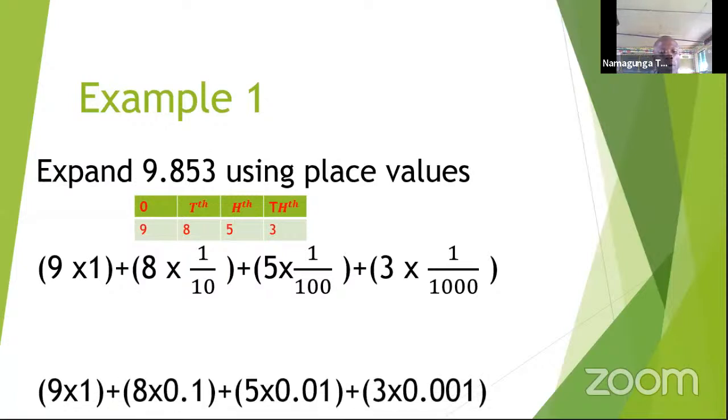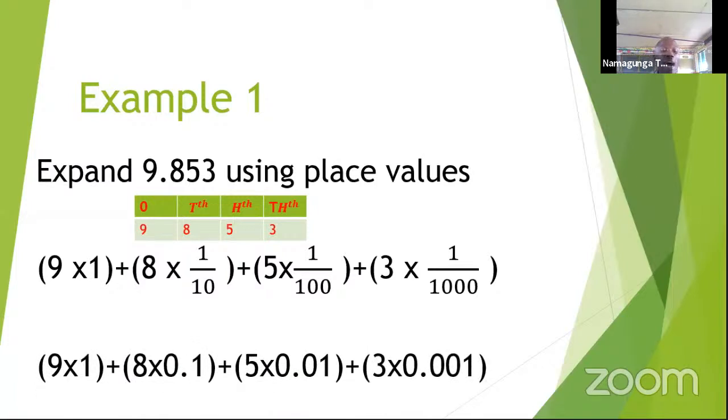In the second step, you can go ahead and express the fractions as decimals, where we say 1 out of 10 means 0.1, 1 out of 100 is the same as 0.01, and 1 out of 1,000 means 0.001. So in simple terms, we can say 9 times 1 plus 8 times 0.1.